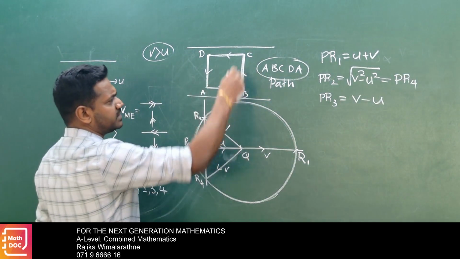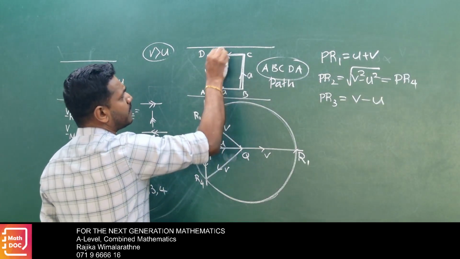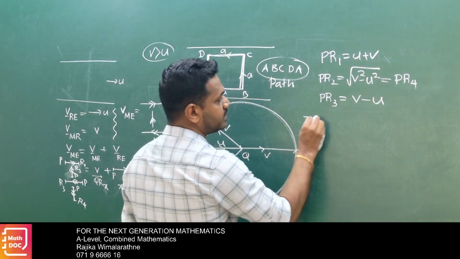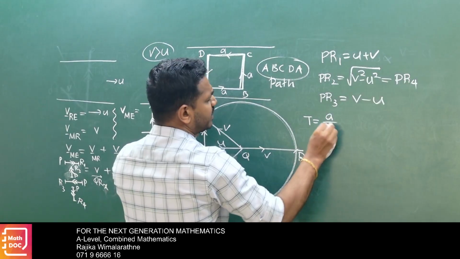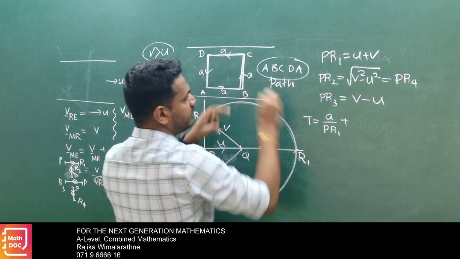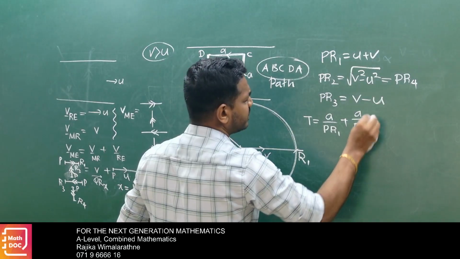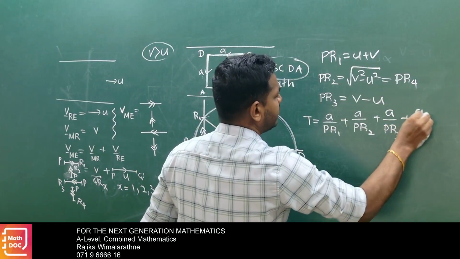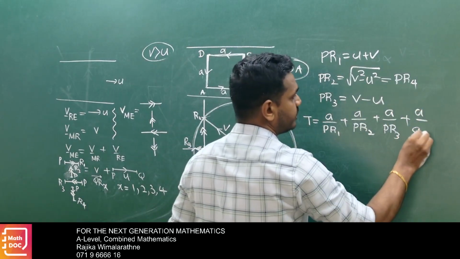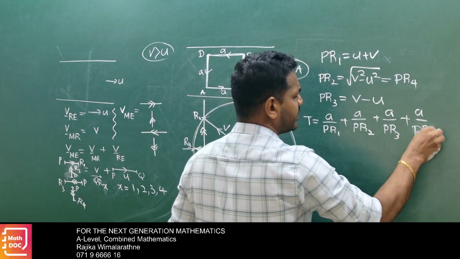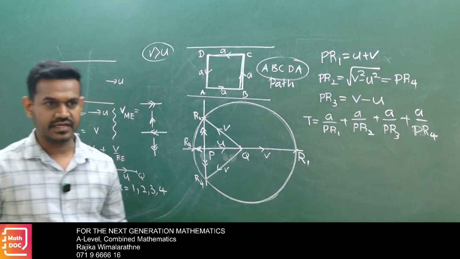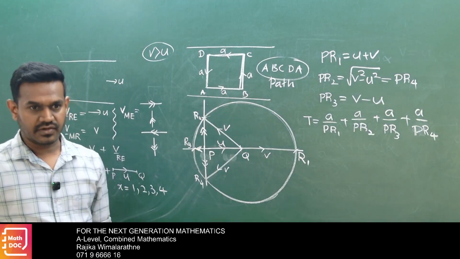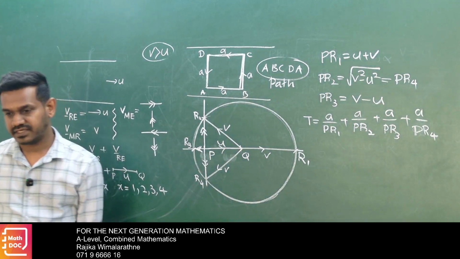So anyway, you consider here a square with side A. Now we can find time. Then total time taken is A divided by PR1, A divided by PR2, A divided by PR3, A divided by PR4. Now here the total time taken. Now we can find everything, we know everything. How you can substitute and find the corresponding value. Okay, start it and complete.